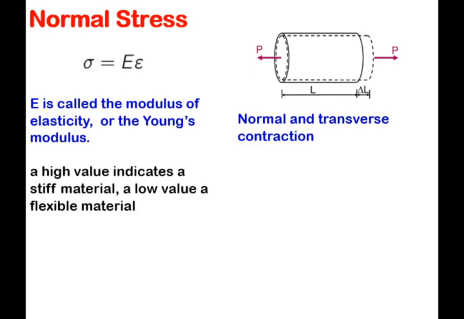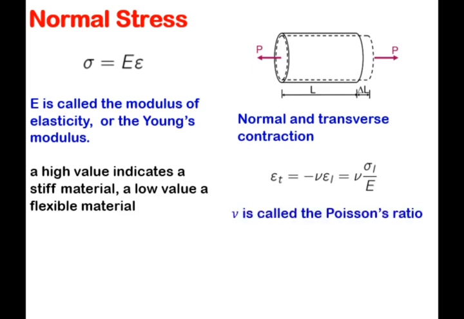That transverse contraction is related to your longitudinal strain using the Poisson's ratio. So we can relate the transverse contraction to your Poisson's ratio, to your stress.